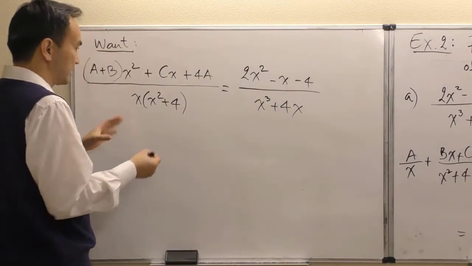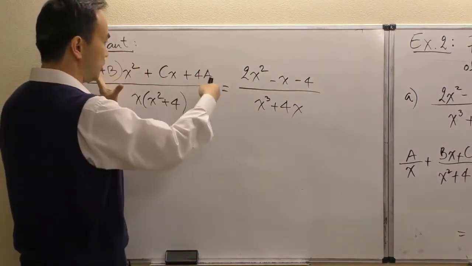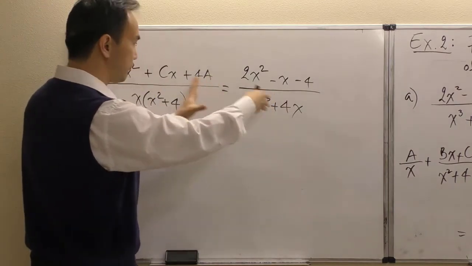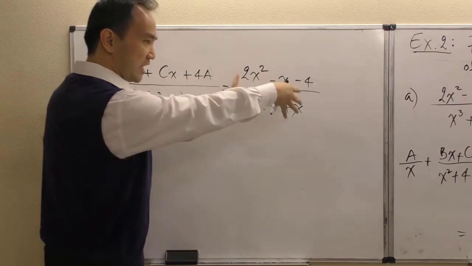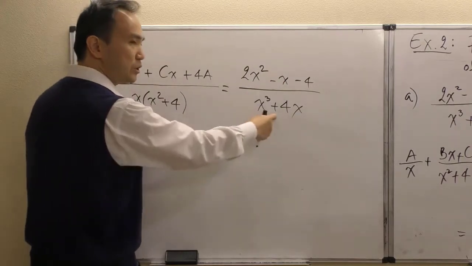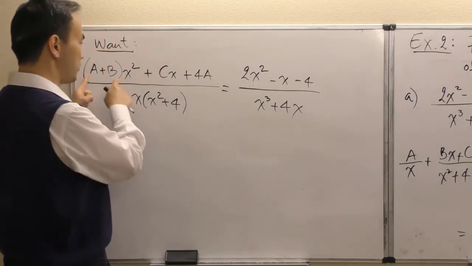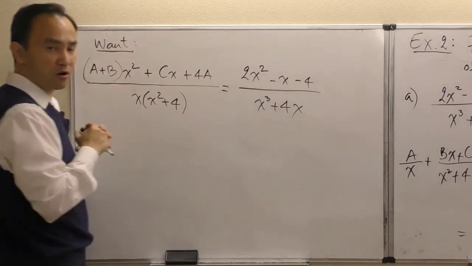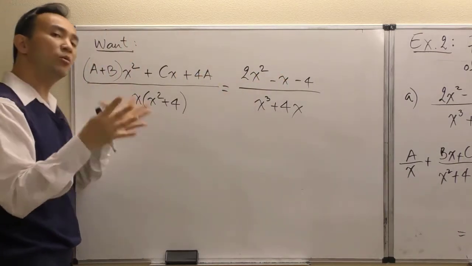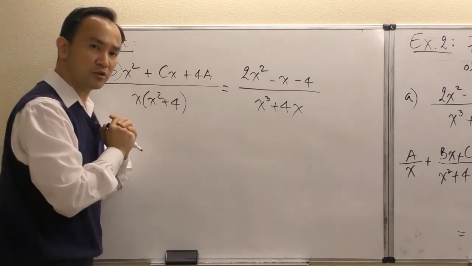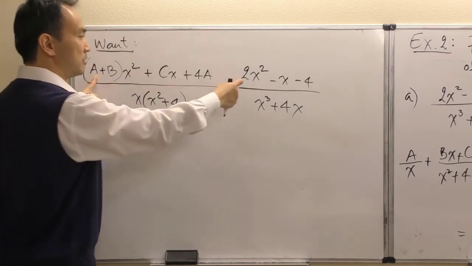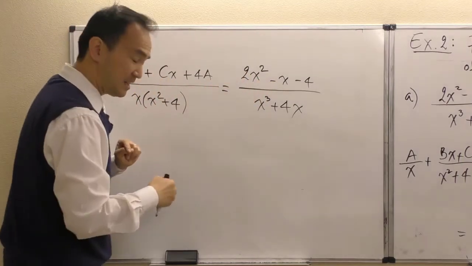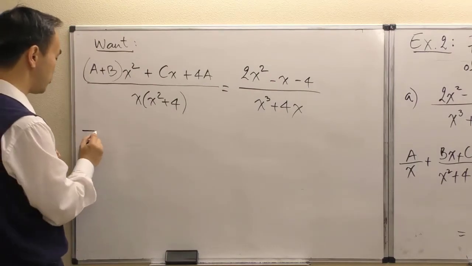For this rational expression to equal the other one, where the two denominators are already equal, we have to ensure that the two numerator polynomials are equal. And the only way for those two numerator polynomials to be equal is that their corresponding coefficients must be equal.